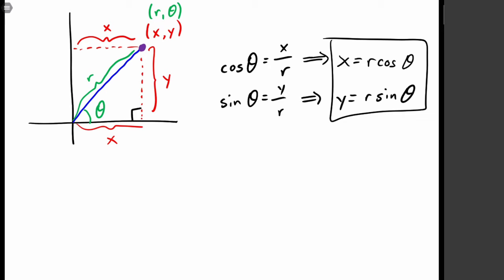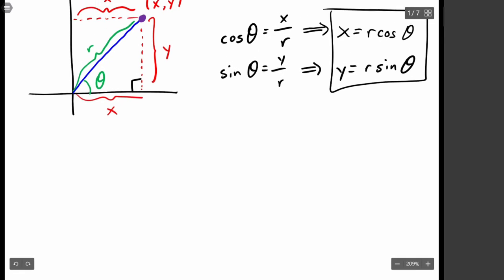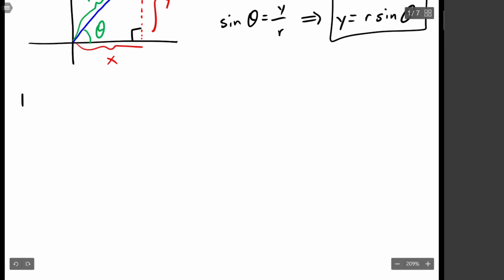Okay, so now that we have that, let's do a couple examples of converting. Here we want to go from polar to Cartesian.